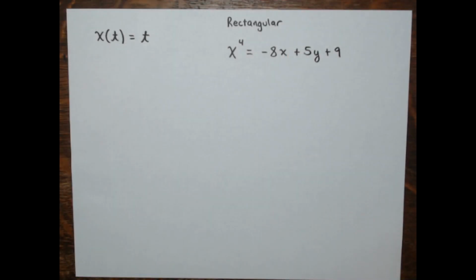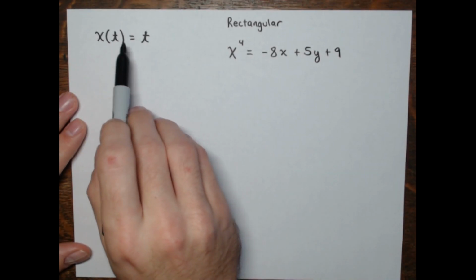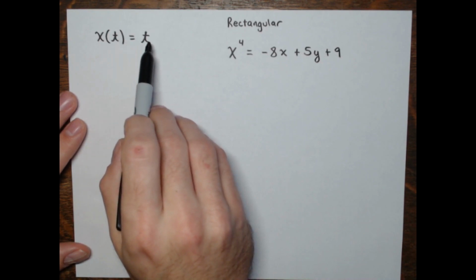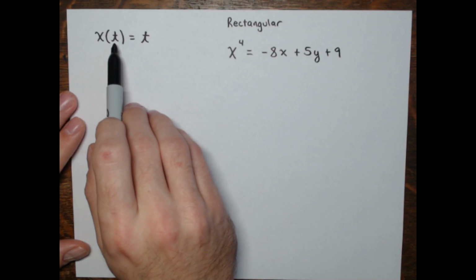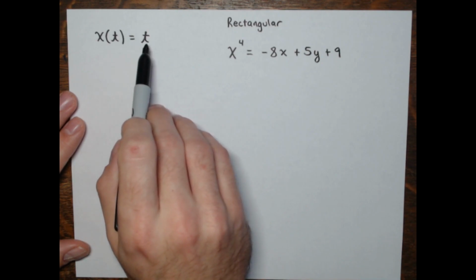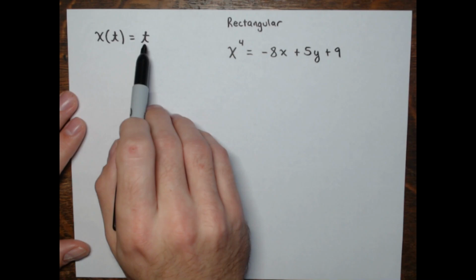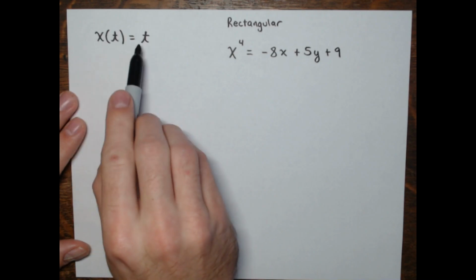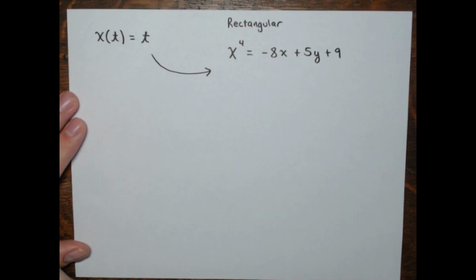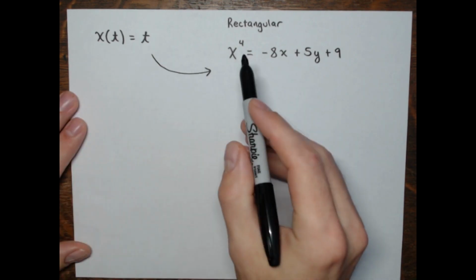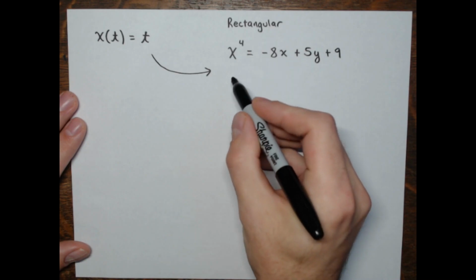All right, anyway, back to this. So they're telling us what to use for x. Have x depend on t this way. So the value of x, the x-coordinate of any location I am at, is simply going to be the value I choose for the parameter called t. Well, if I substitute this into the rectangular version of the equation, every x is replaced with t.